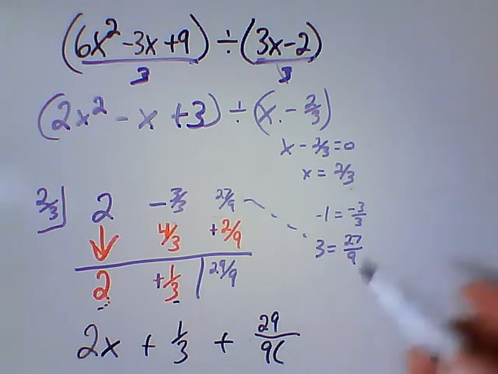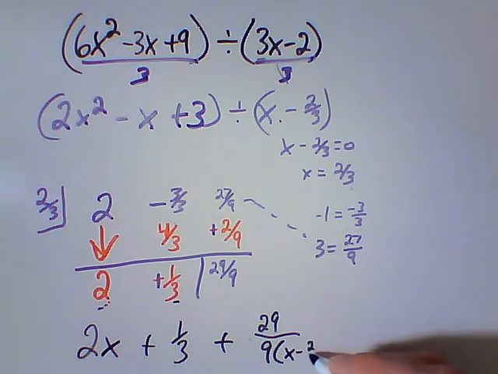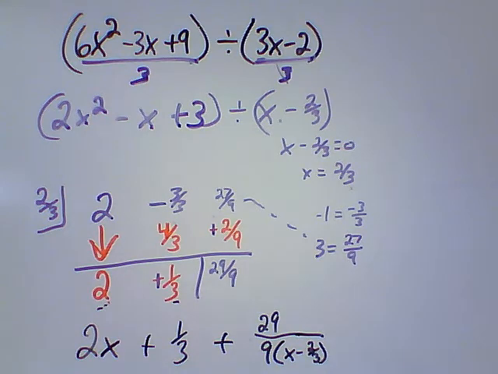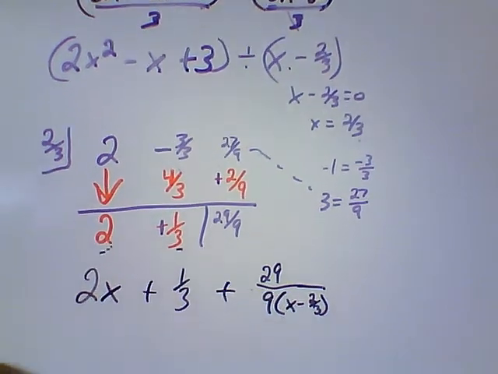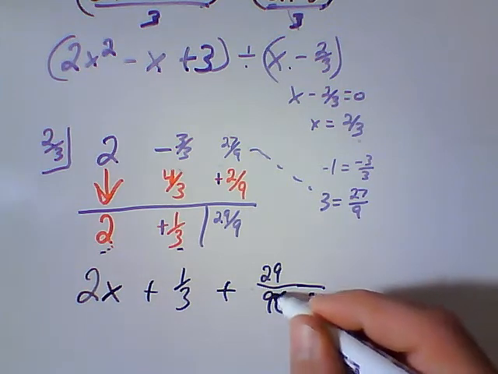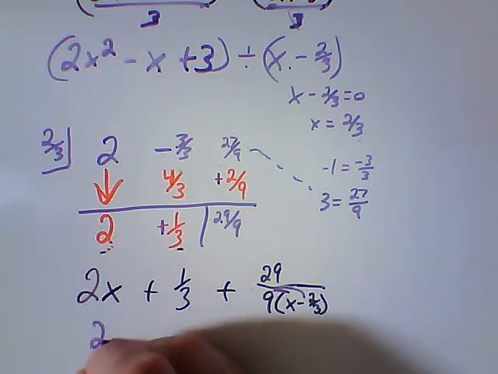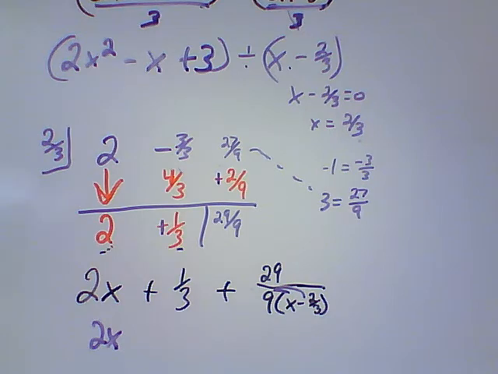Now, what was I dividing by? Way up here, here it is, x minus 2/3. This fraction stuff is going to be ugly the whole way through, isn't it? Yeah, it is. Look, there's more space. The board doesn't end. I'm going to distribute this 9, 2x.